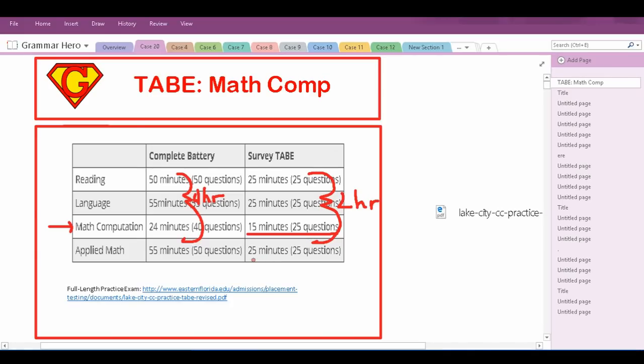I actually pulled this practice exam from Lake City Community College. Here's a link to it down here. And similarly, I'll post a link in the video description as well. That said, let's get started.